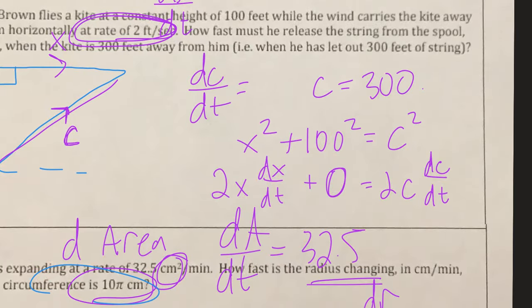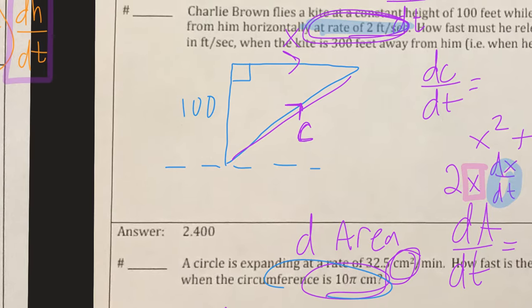So let's see what we know. We know dx/dt, right? That's the derivative with respect to time of the horizontal change, so that's 2. We know that c is 300, right? We're trying to find dc/dt, so it would be really nice if we could figure out what x is. And to figure out what x is, we're going to come over here and use the Pythagorean theorem.